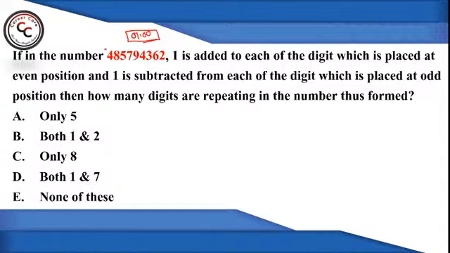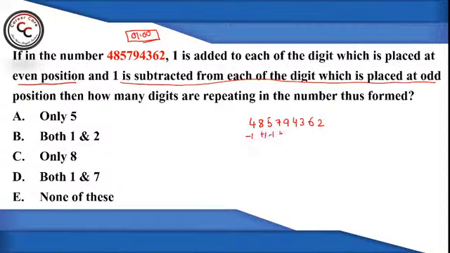Yeah. So look at this question. 485794362. It is a 10-digit number. If 1 is added to each of the digits placed at even place, and 1 is subtracted from each digit placed at odd place, that means -1, +1, -1, +1, alternatively, right?